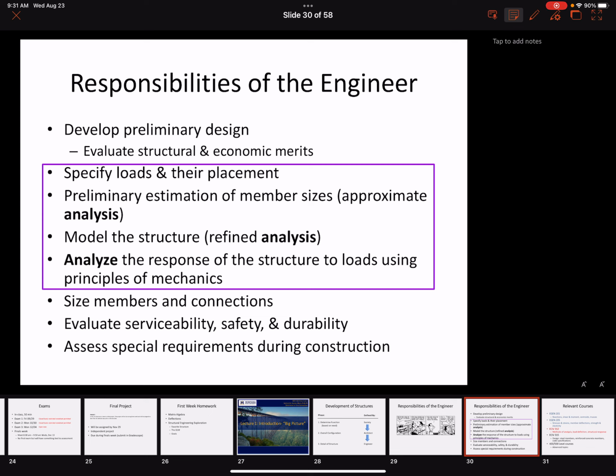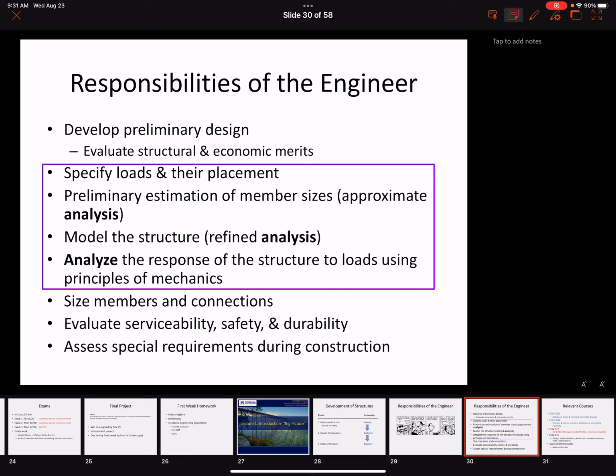If you were concerned about that, you'll get more of that in structures too. And then we analyze the response of that structure using mechanics, so that ties into what I was just talking about. And then after we've analyzed the response of the structure, we size members and connections, evaluate serviceability, safety, and durability, and assess any special requirements during construction.